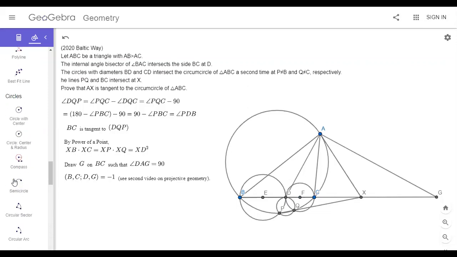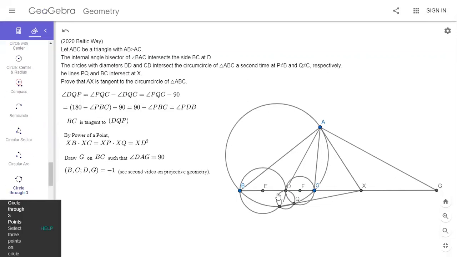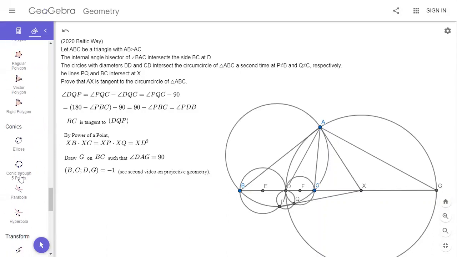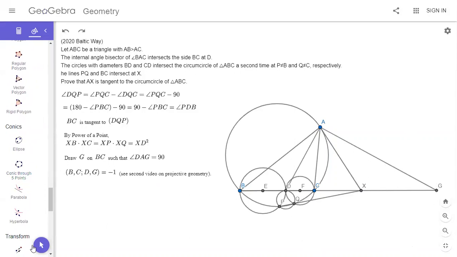Never mind. If you draw the circle with diameter DG and the circle with diameter BC, maybe. Let me try. But that wouldn't tell us about the tangency.